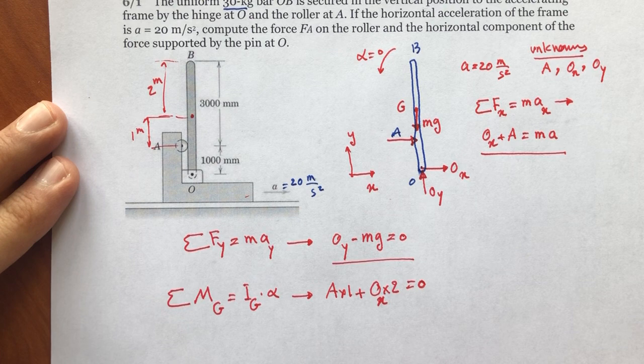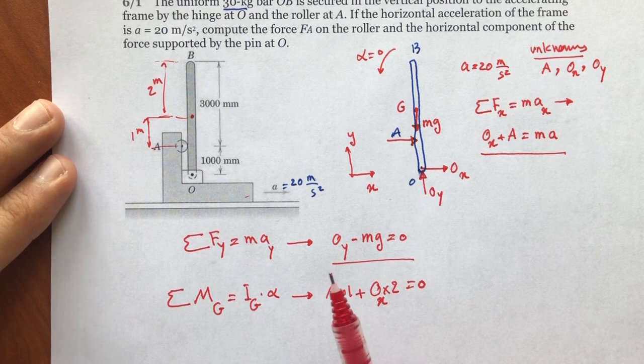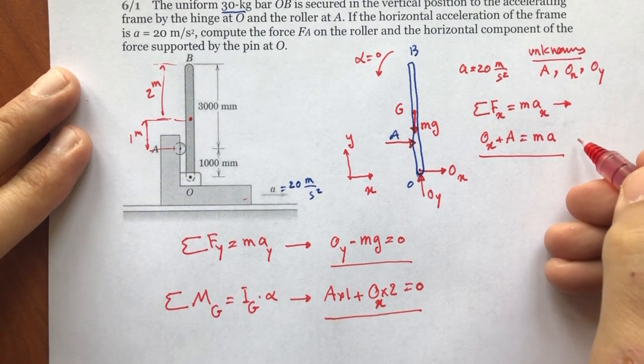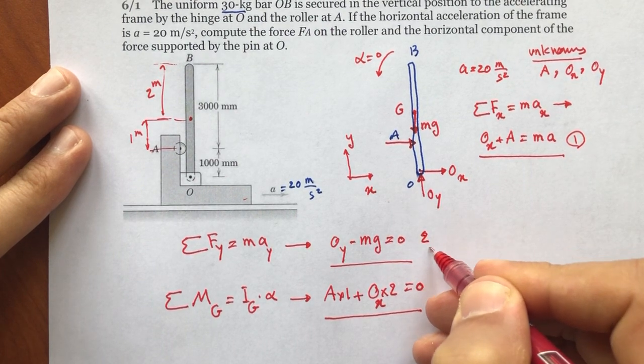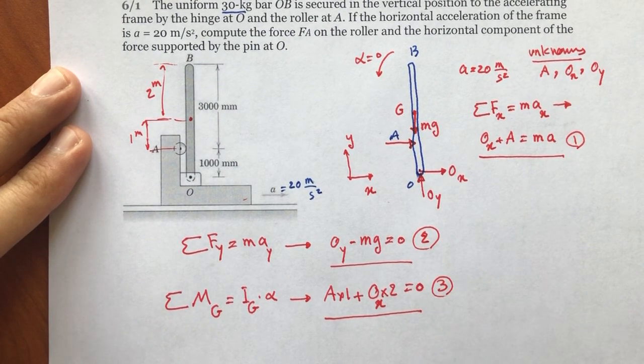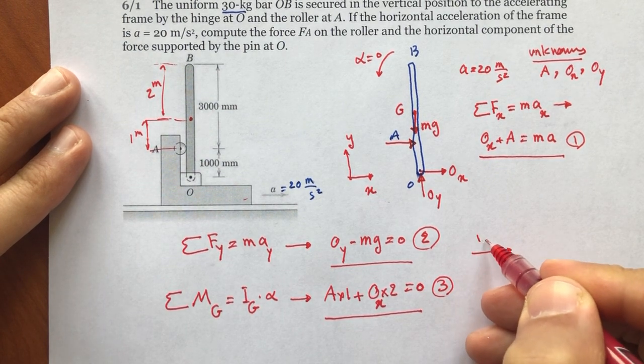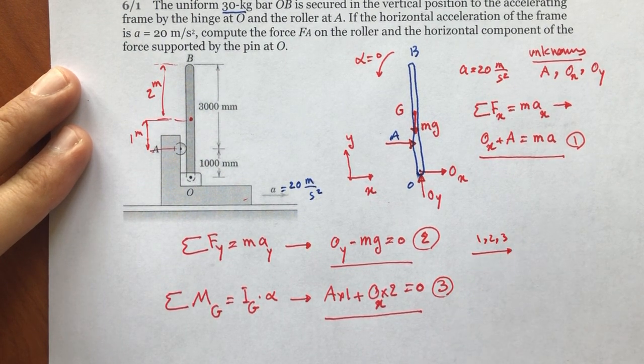Whenever we have a body which has purely translational motion, no rotation, alpha of it is going to be equal to 0. So we got three equations, 1, 2, and 3. Three simple linear equations.